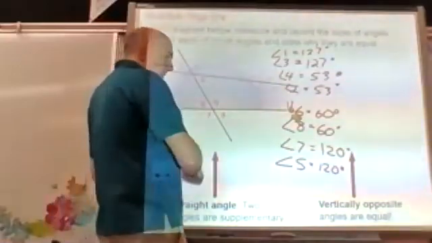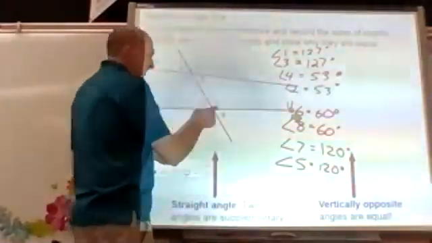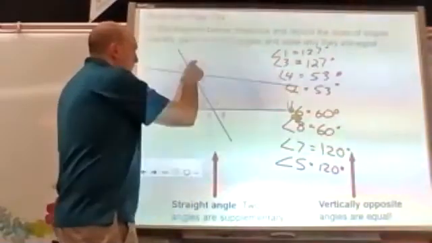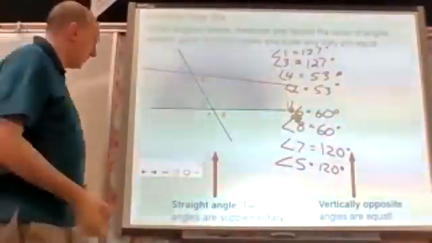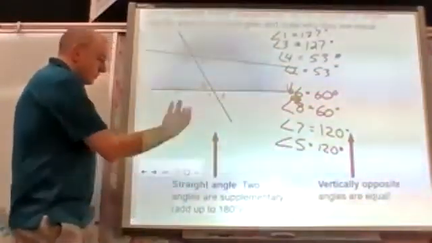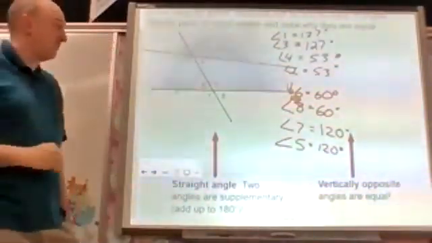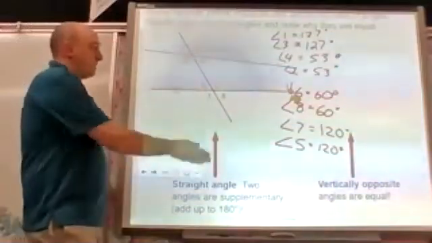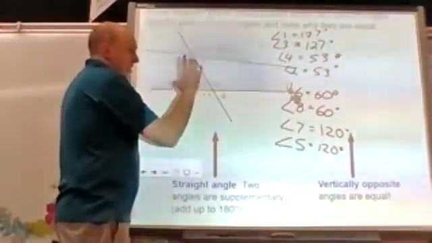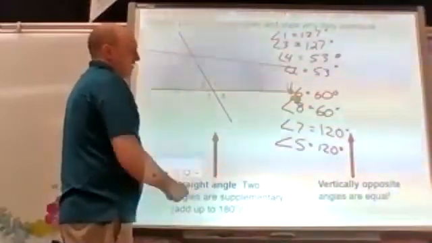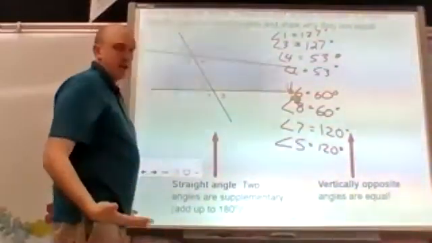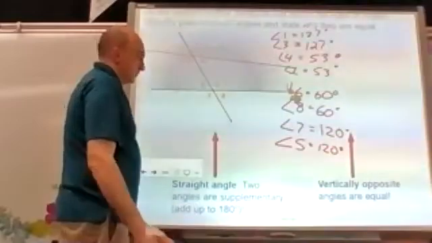And vertically opposite angles are always equal: 6 and 8, 5 and 7, 1 and 3, 2 and 4. So by measuring it, we can tell that. And those are rules. Those are going to be true all the time. Vertically opposite angles within one intersection are always equal to each other. And along the straight angle, we always have supplementary angles that add up to 180.